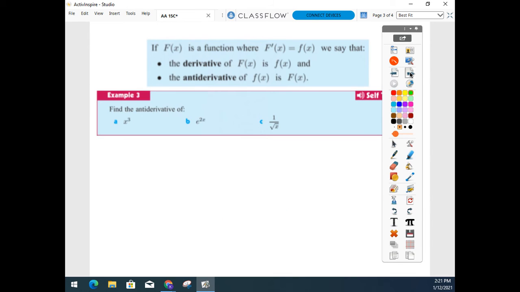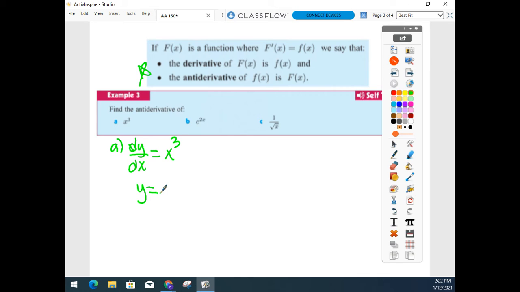All right. I think the blue box can be a little bit extra. I'm not going to be super sold on this. Let's focus on example 3. Now, I'm going to start with, if the derivative is x to the third, what would the original function be?